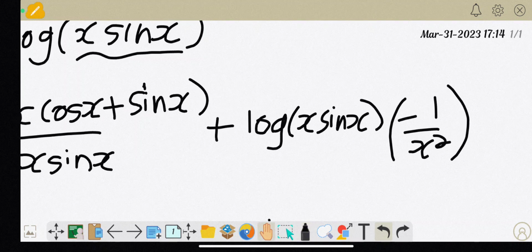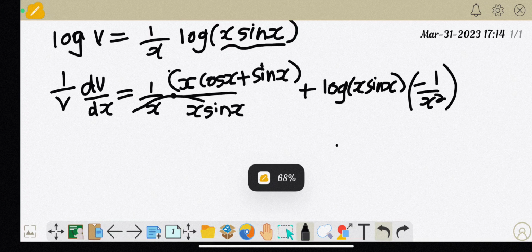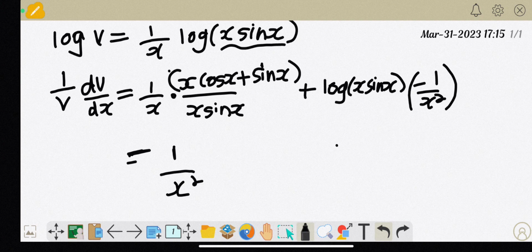Correct. So now we have to simplify this. So here you can see 1 by x square is common. So we can add those two terms. But here what is missing? There is no sin x term, right? Okay, let's try to simplify it. So 1 by x square, let it be common, that I will take outside.